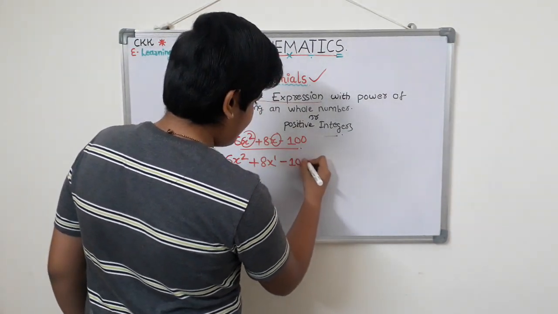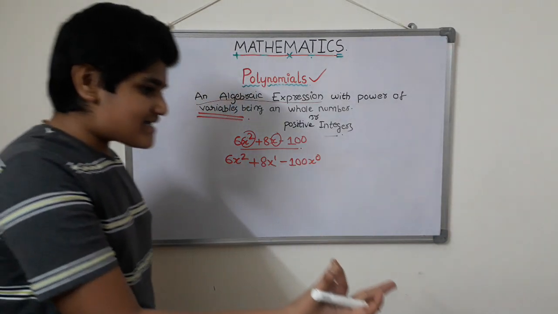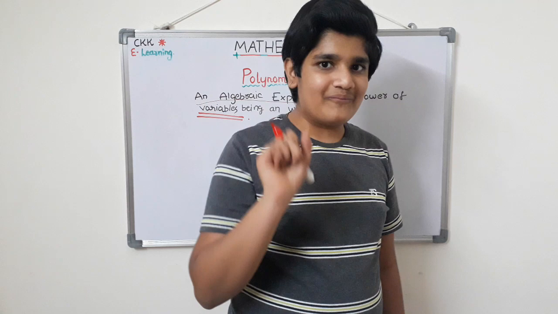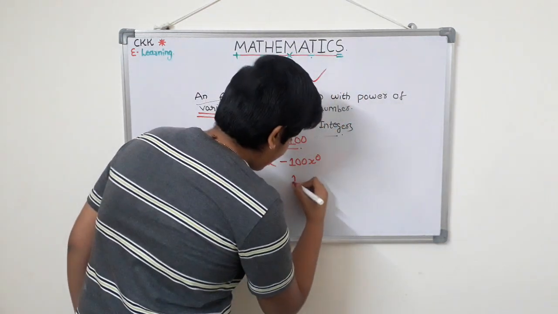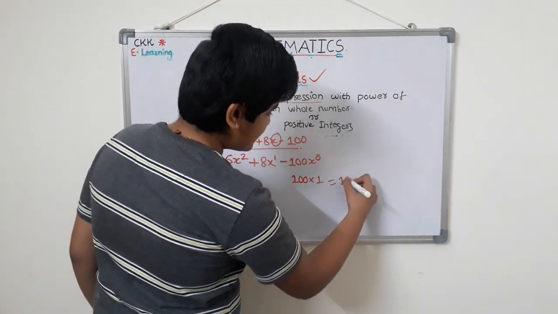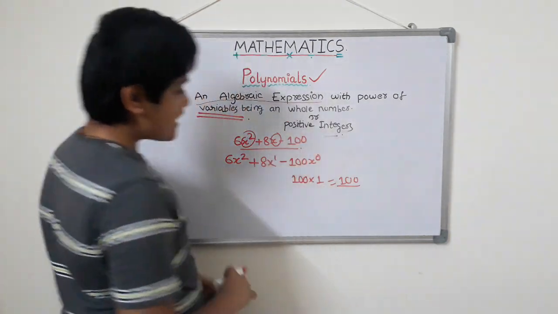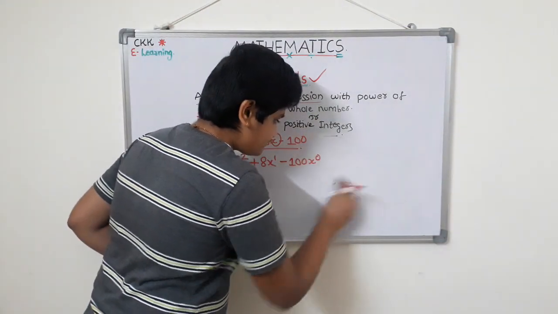Now 100 x power 0. Anything power 0 is 1. So 100 into 1 will be 100 only. That's why we will consider it as x power 0.